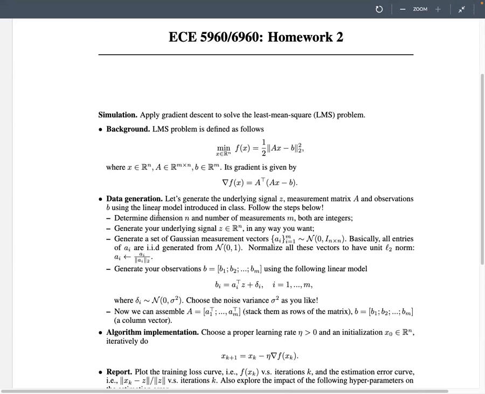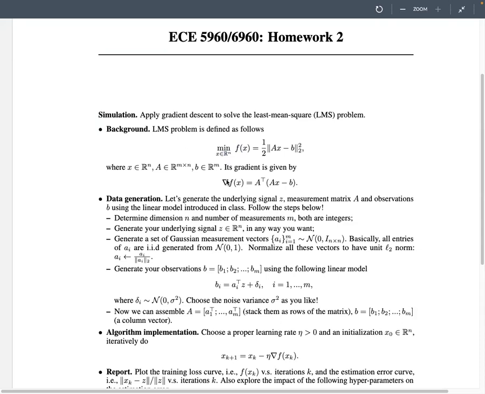This is the least squares problem that we are looking at. Here I specify the dimensions of x, A, and b, and this is how you compute the gradient. This is the given gradient formula.